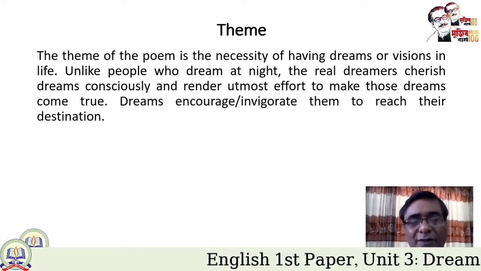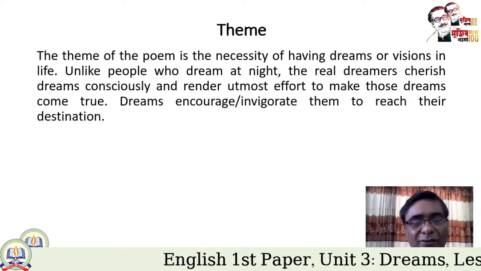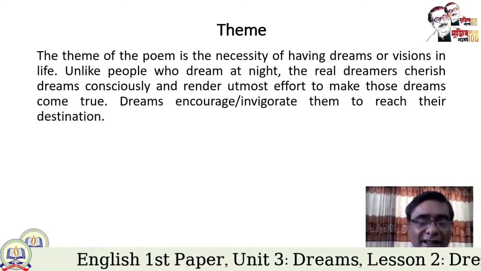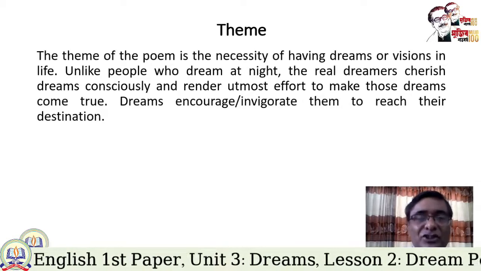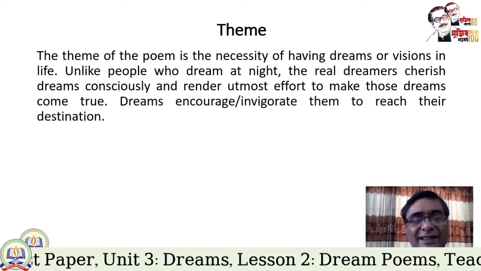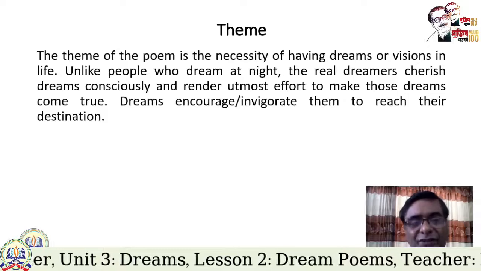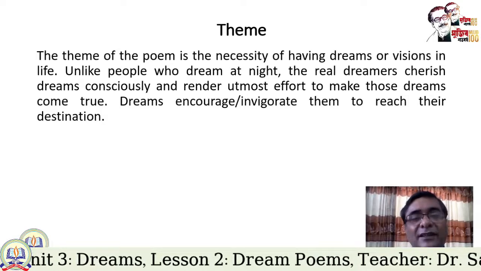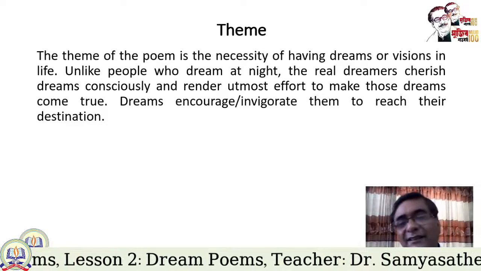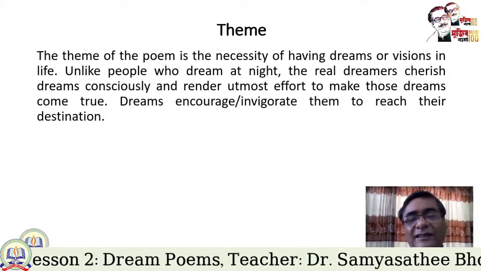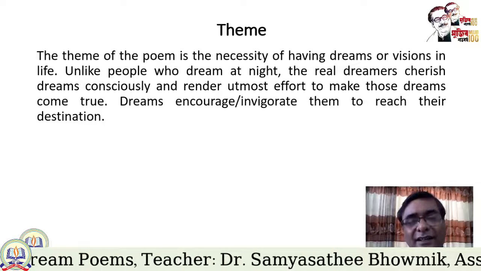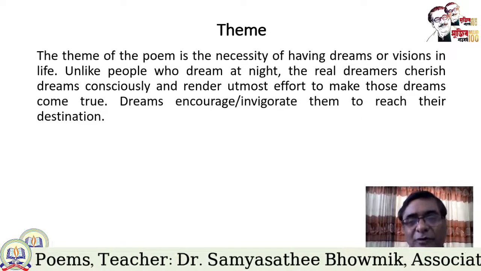We have expressed and analyzed the theme of the poem in the first sentence, and the second sentence is just the extension of the idea that has been generated in the first sentence. The second and third sentences are the supporting ideas that highlight the main idea or the theme of the poem.